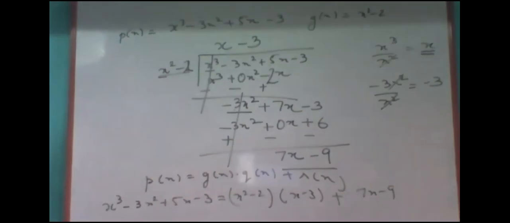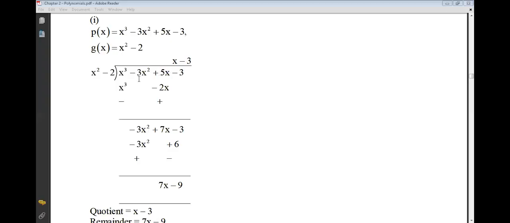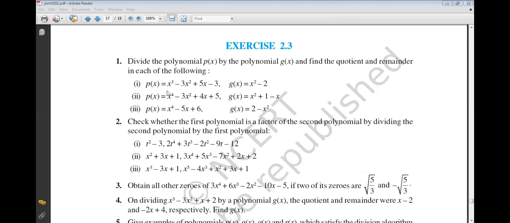I hope it's clear. Just have a look on the board. This is the first solution: x cube minus 3x square plus 5x minus 3 divided by x square minus 2. You got the quotient x minus 3 and remainder 7x minus 9. So exercise 2.3, question 1 we have done.